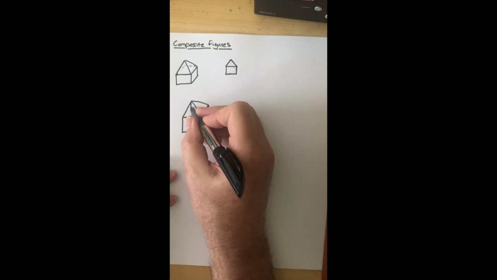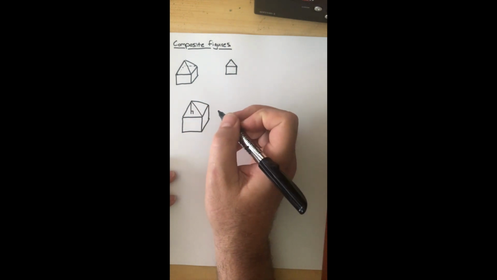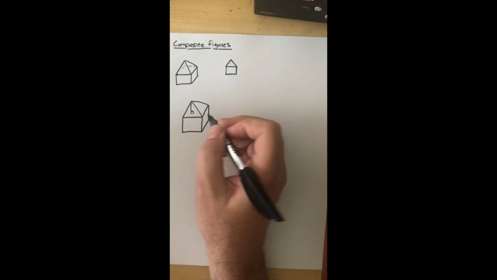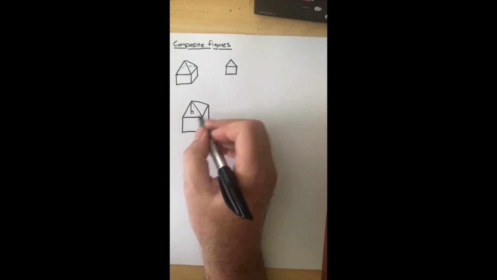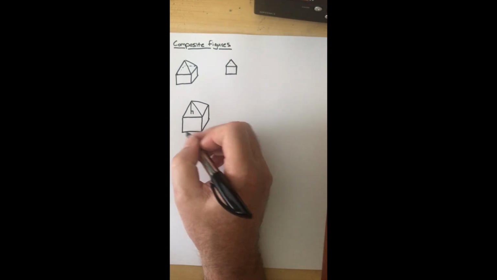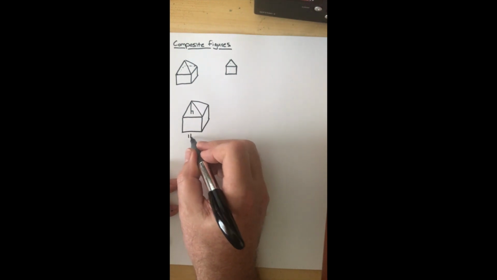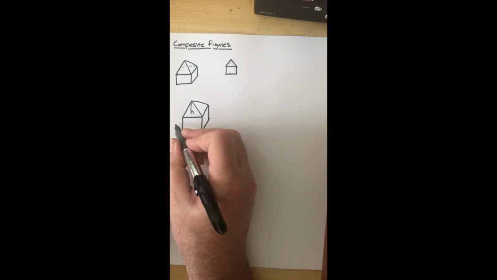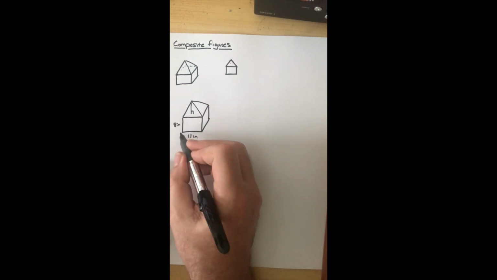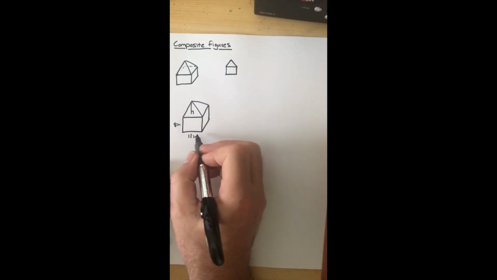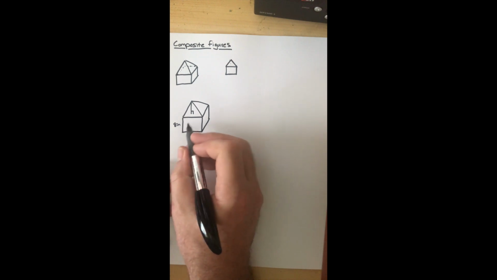I'll give you a height of the pyramid. Because we've been working with square-based pyramids, I'm going to give you a square-based rectangular prism. So if I put 11 inches here and 8 inches here, that'll take care of the entire prism on the bottom.